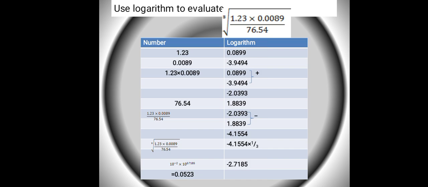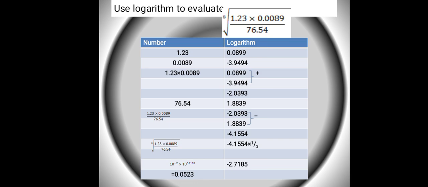Use logarithms to evaluate the cube root of 1.23 multiplied by 0.0089 all over 76.54. Now the logarithm of 1.23 is 0.0899.